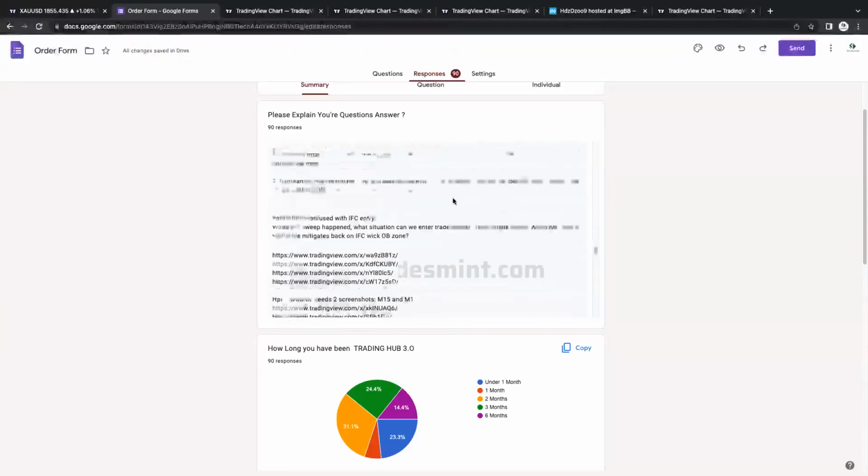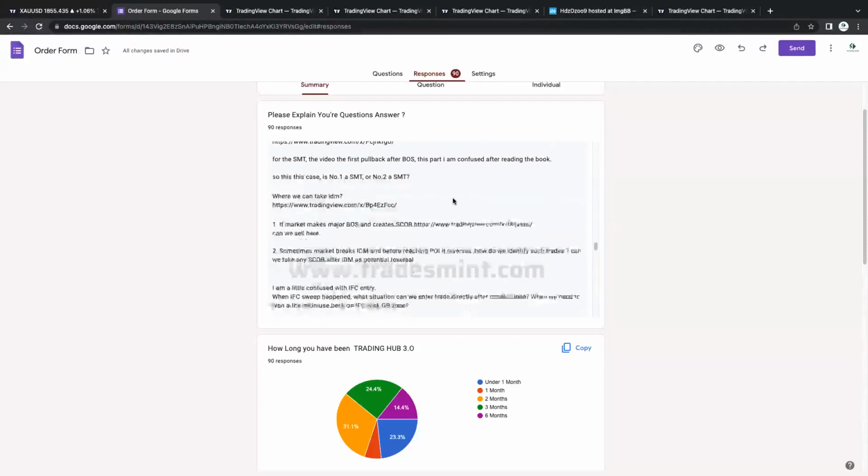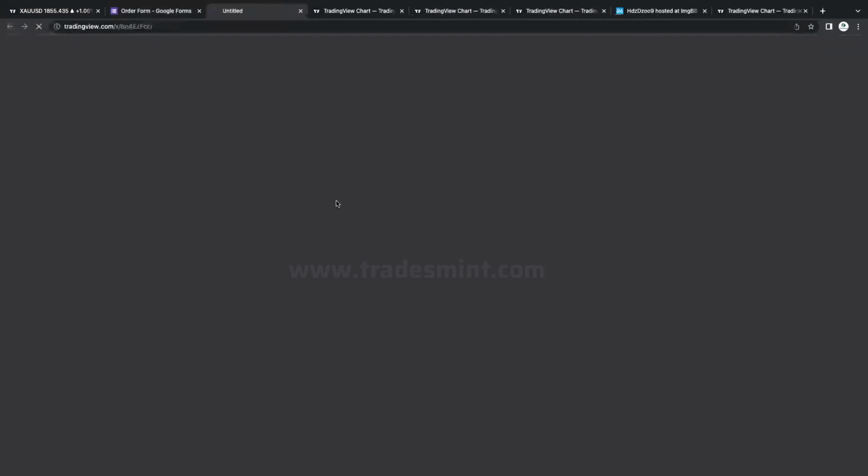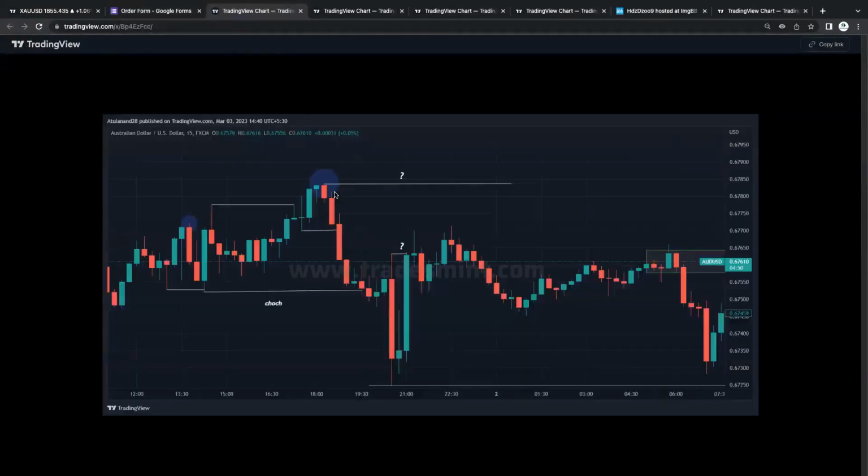So the next question, where is the next question? So 2 is your inducement. Sorry, this one is a different. So first pullback is an inducement because this candle taken out the liquidity and go higher, right?